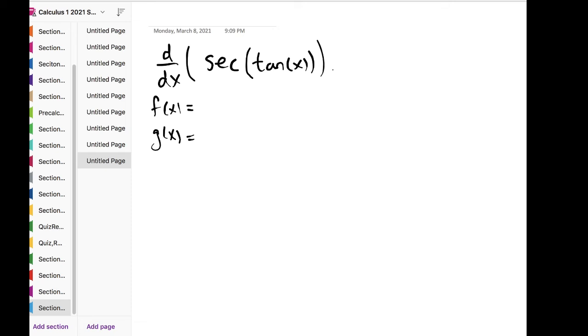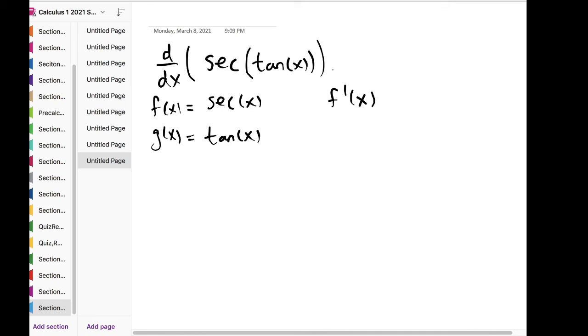Yeah, secant is the f, and tangent is the g. And then the derivative of secant. Actually, let's make this a bit more interesting.